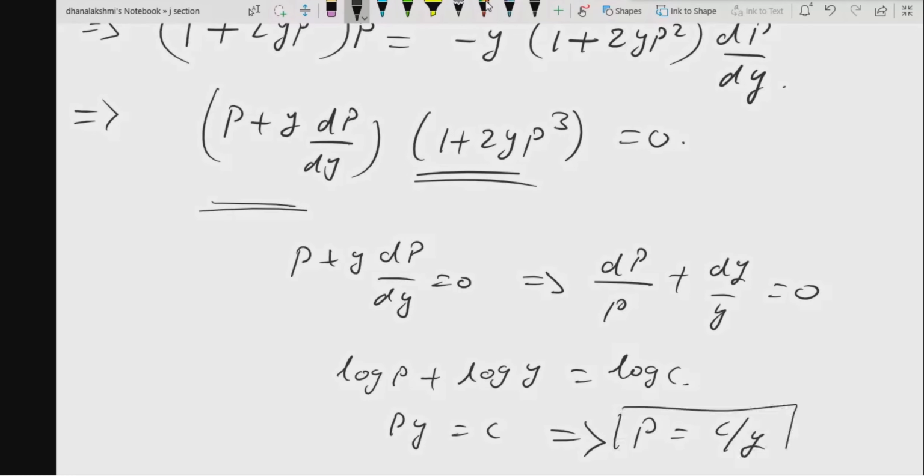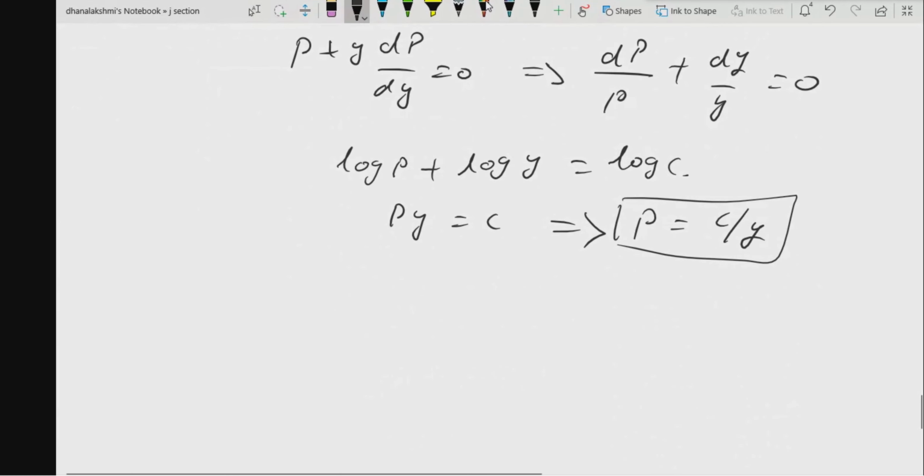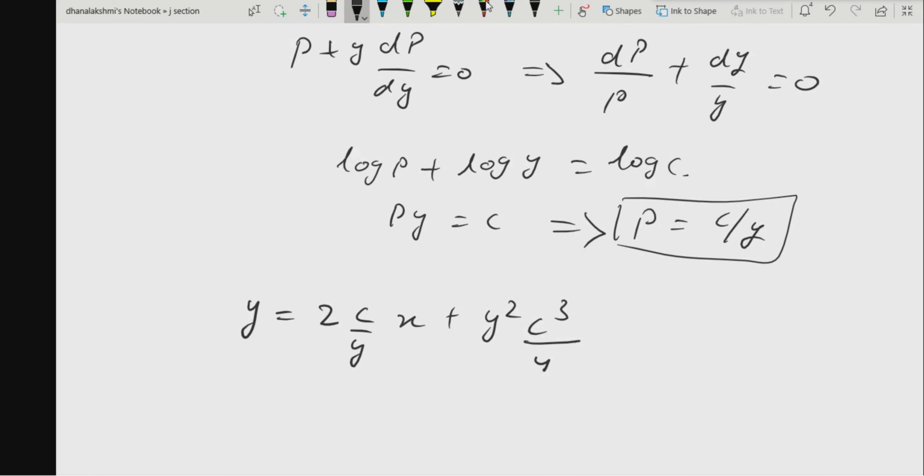This you have to substitute in the given differential equation. So when you substitute in the given differential equation, what was it? It was Y is equal to 2, P value is C by Y, into X plus Y square, P cube is C cube by Y cube.